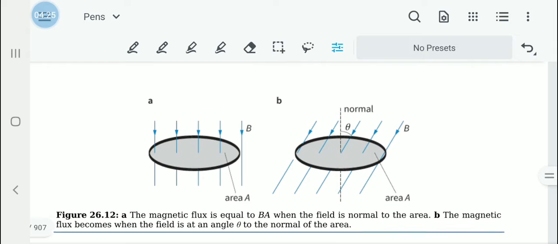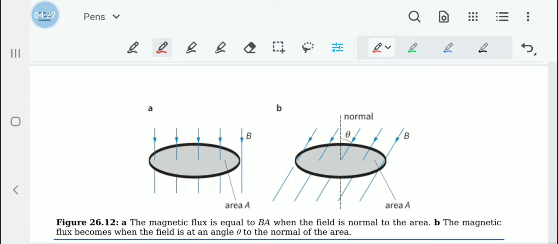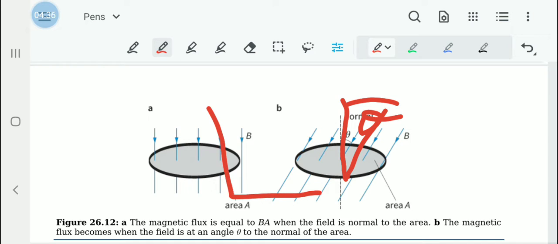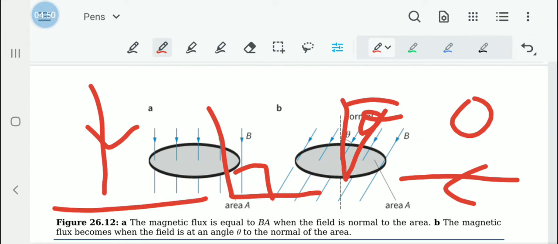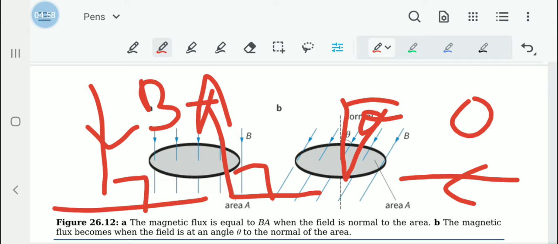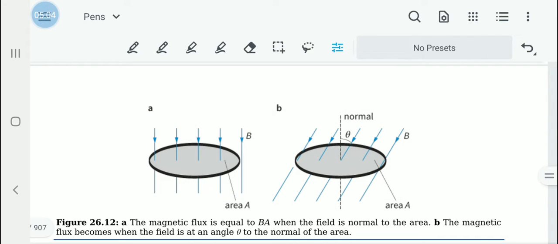Theta, like I explained earlier, is the angle between the normal and the field. So theta is 90 means the magnetic field line is coming along the surface, and then phi is going to be 0. If the field lines are along the normal, then it is simply equal to BA, because we don't have to consider any theta at that point. There is no angle in between.